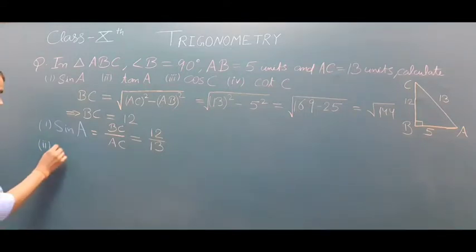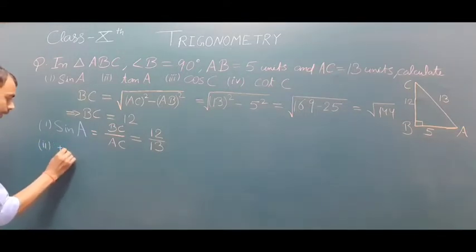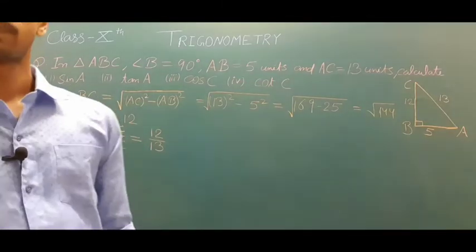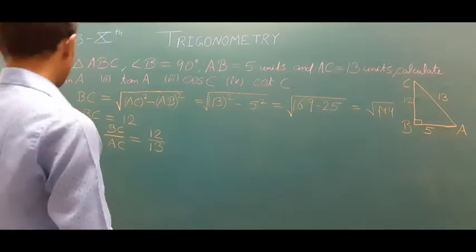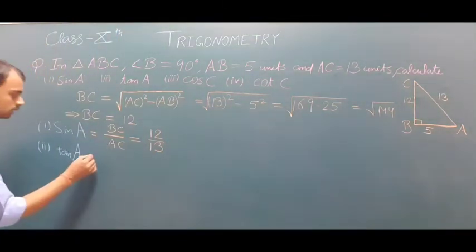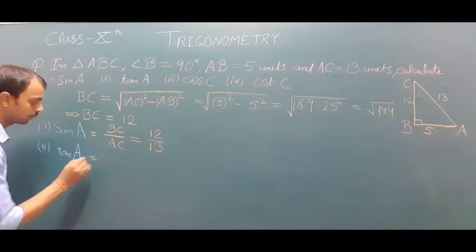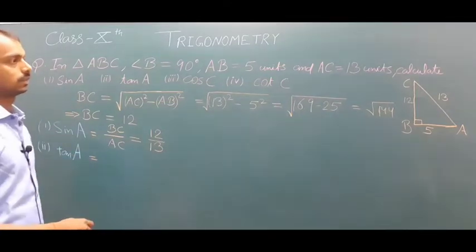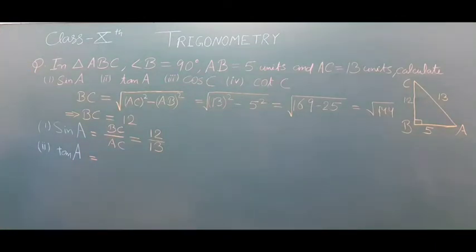The second one is tan A, tangent of A. Now what is tan A? You know the formula of tan A. If you don't know, watch it again. Tan A is opposite side upon adjacent side.